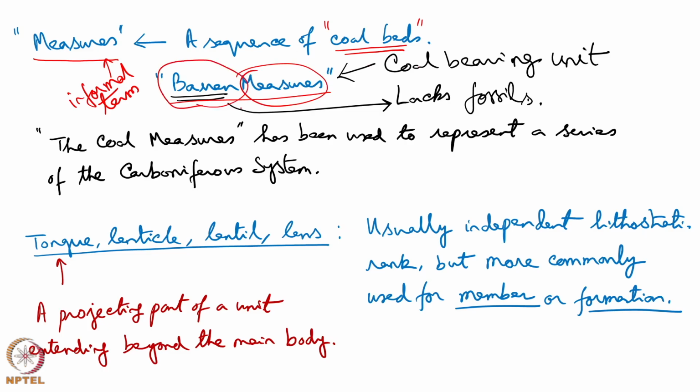Now, do not get confused, barren measures does not mean devoid of coal. Measures indicates that it is a coal bearing unit and barren indicates it lacks or is devoid of fossils. The coal measures has been used to represent a series in the Carboniferous system. The term coal measures finds its use in this way.